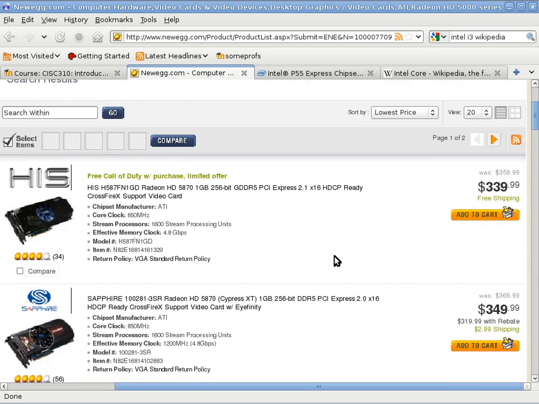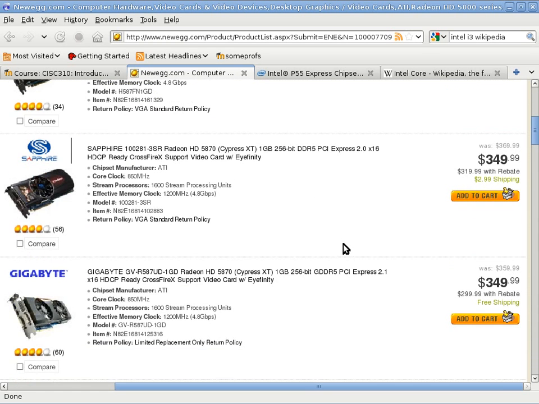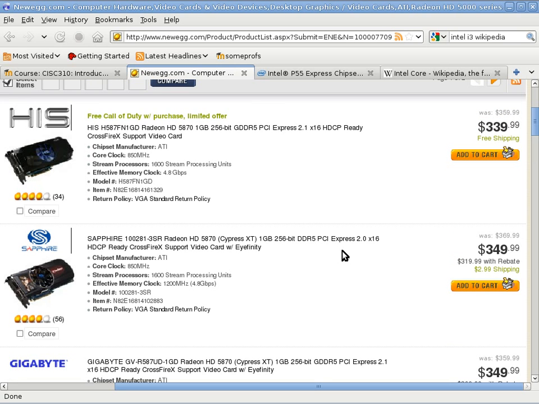Now, one of the factors you have to think about when you get a super high-end graphics card like this is you need to make sure your motherboard or your power supply unit also has support for it. Your power supply needs to run a power cable directly from the power supply to the graphics card.